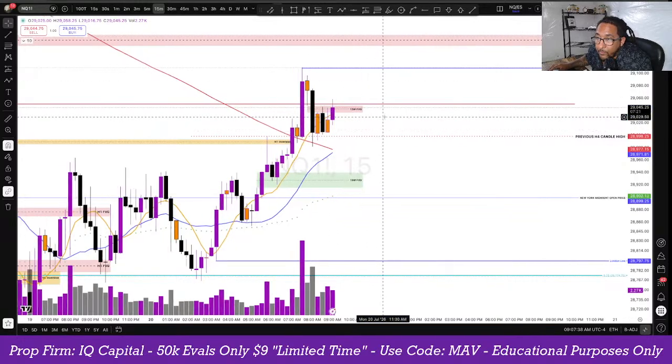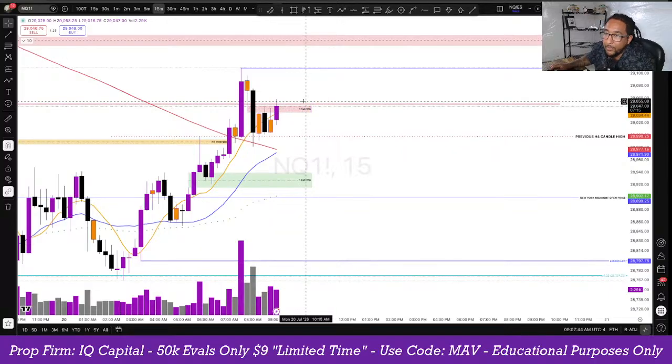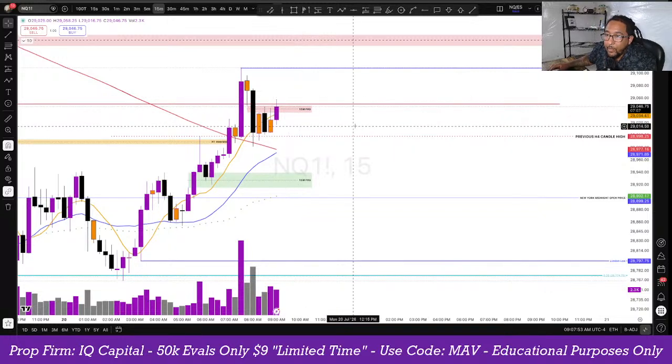So that being said, if we inverse this bearish 15-minute fair value gap and it turns bullish, that would be a good indication for higher prices. We got about 7 minutes, so we'll see where we are, and we're getting closer to the open.